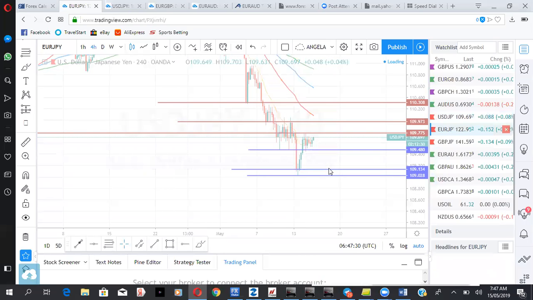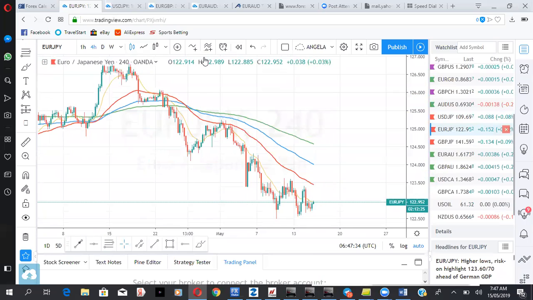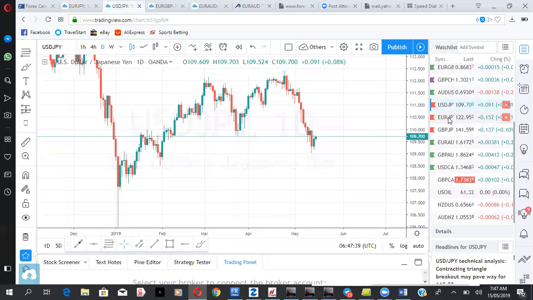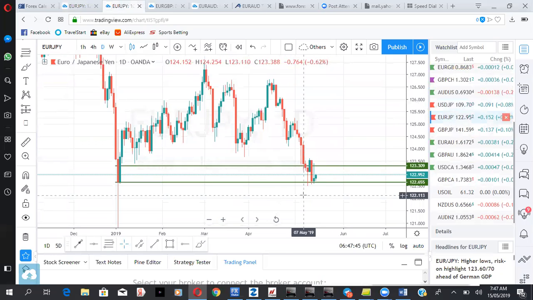Next we'll be looking at the Euro Yen. Let's get an idea of how the daily candle closed. The Euro Yen from a daily point of view is sitting in a demand area from the daily.